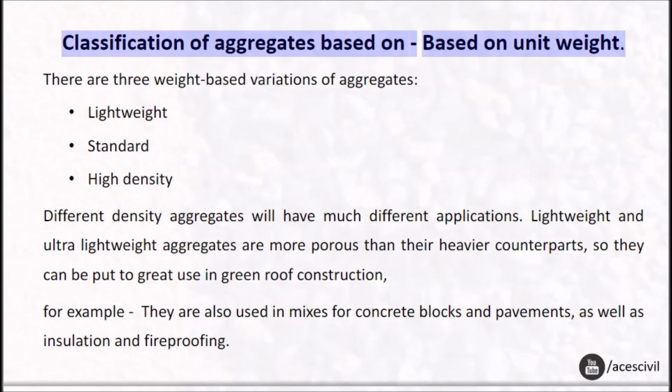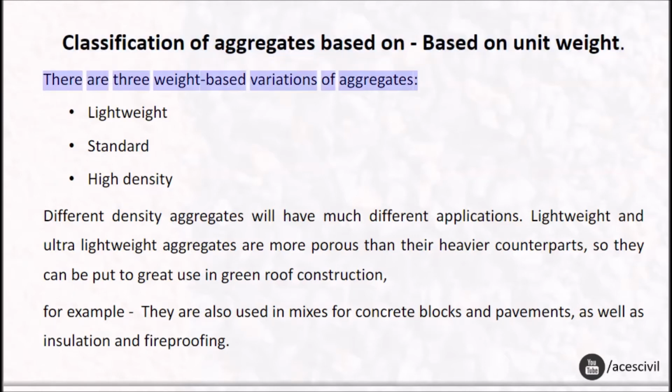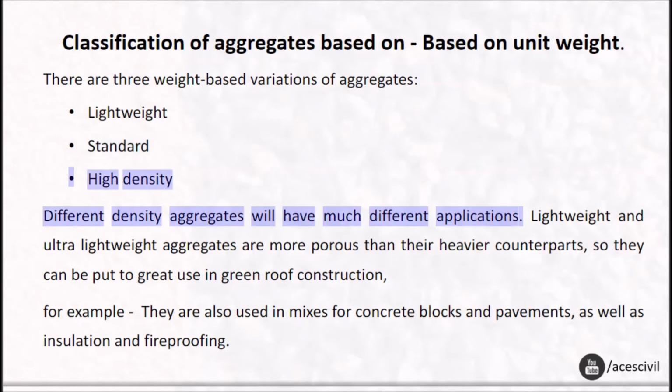Classification of aggregates based on unit weight. There are three weight-based variations of aggregates: lightweight, standard, and high-density. Different density aggregates will have very different applications.